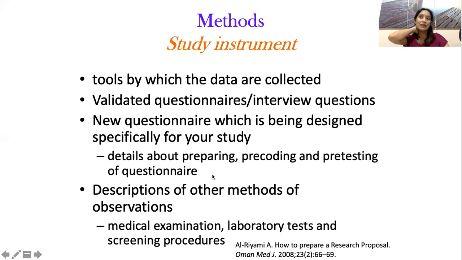If you did a validation, it's very important, no? Because the questionnaire should be valid enough to be able to measure truly what you're trying to measure. Because if it's unable to measure, then it's not valid. Okay? Description of other methods of observation is also included here.